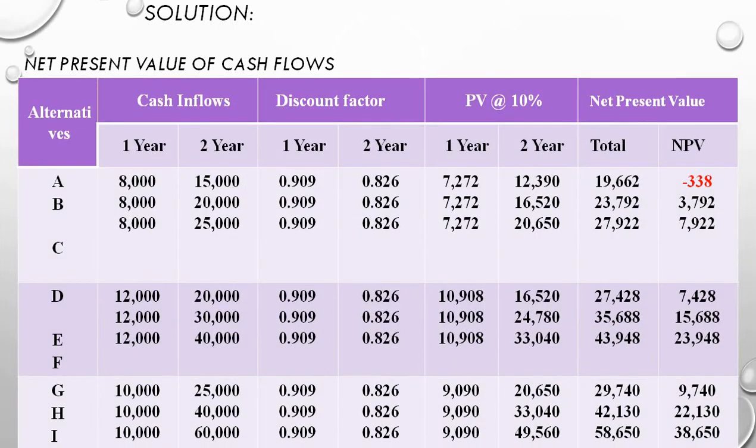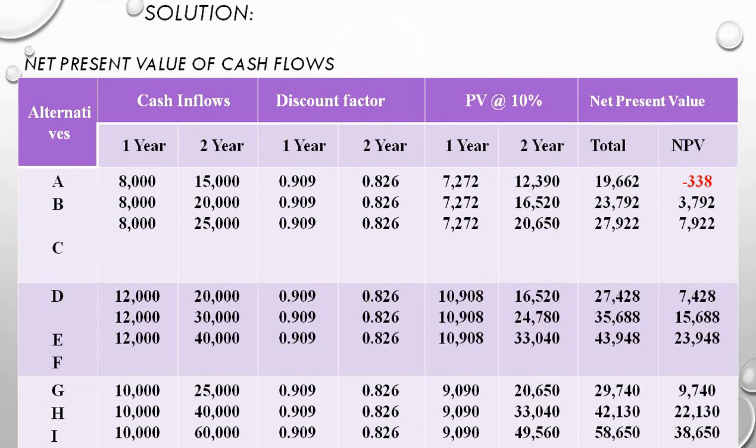Solution. Net present value. Alternatives A to I. Cash inflows first year and second year, discount factor first year and second year, PV factor at 10% and net present value. Cash inflows for first year: ABC is 8,000, DEF is 12,000, GHI is 10,000.